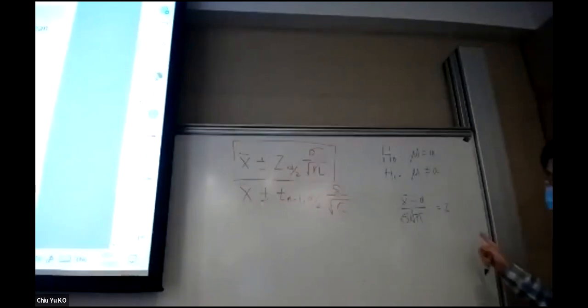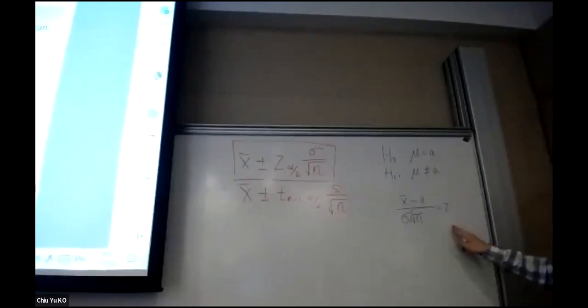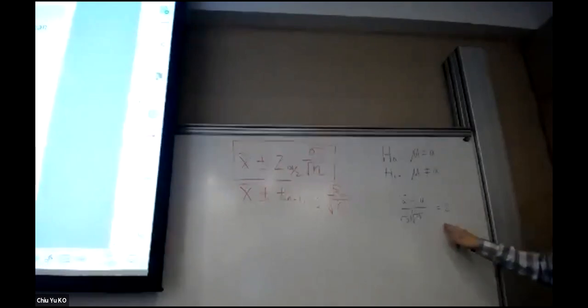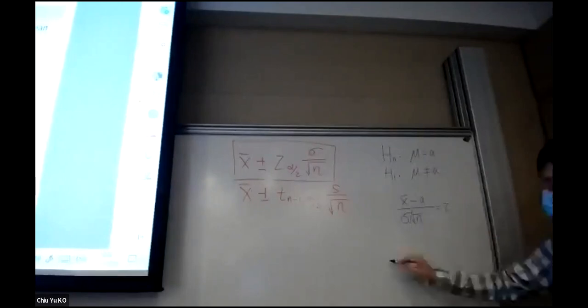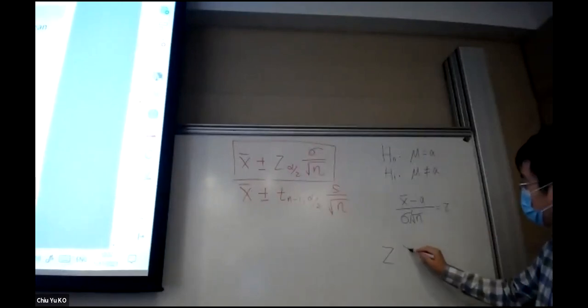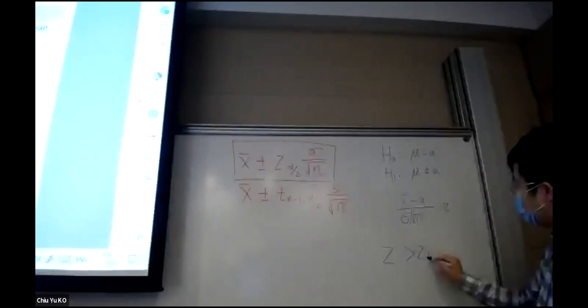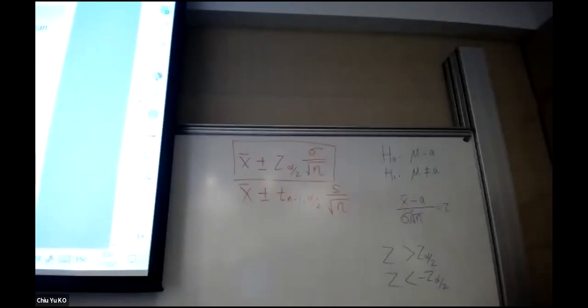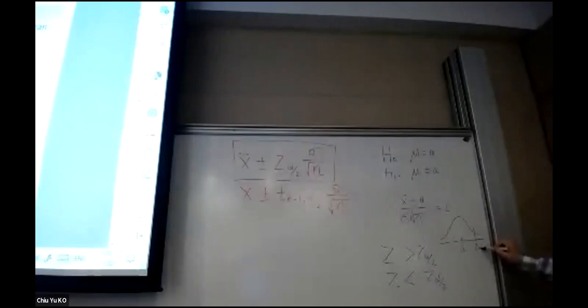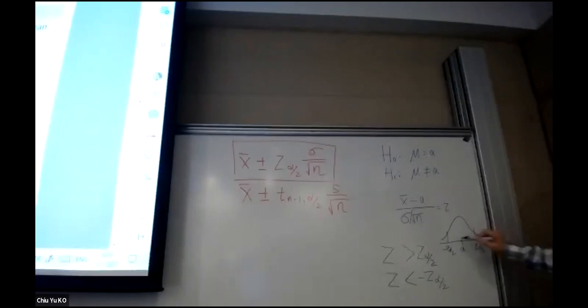Look at here. At the end, we will be comparing whether this Z is more than this or Z is less than this, because it's a two-tail test. This is Z alpha over 2, and this is negative Z alpha over 2. If it is in these two areas, then you reject.